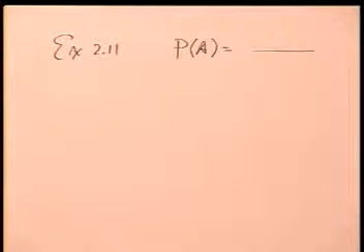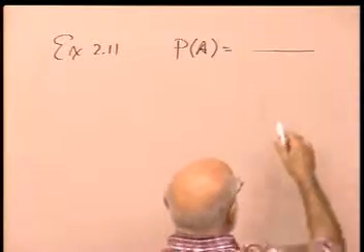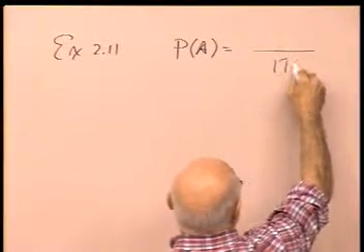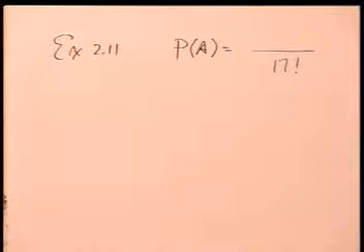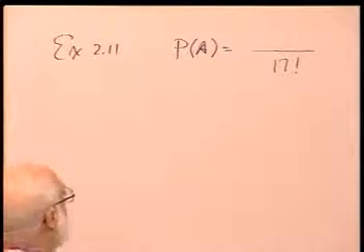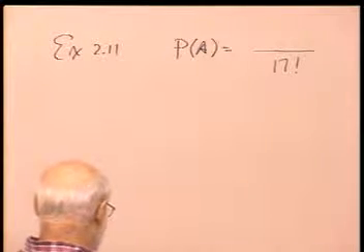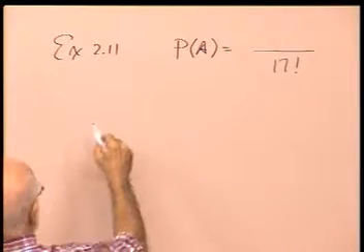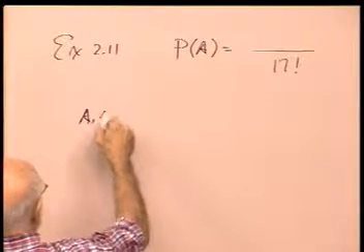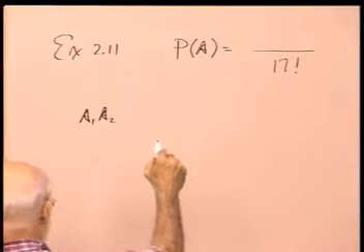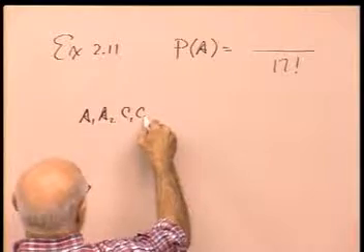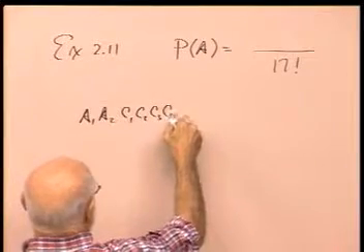So there are altogether 17 books which are going to be arranged. In other words, the n is 17. So the denominator is 17 factorial, which of course is a gigantic number. Okay, now in the numerator, I want to know how many different ways I can arrange these so they're all together. Let's see, what do we have? We have 2 anthropology books. So there's Anthropology 1, Anthropology 2. And then there are 4 computer science, C1, C2, C3, C4.